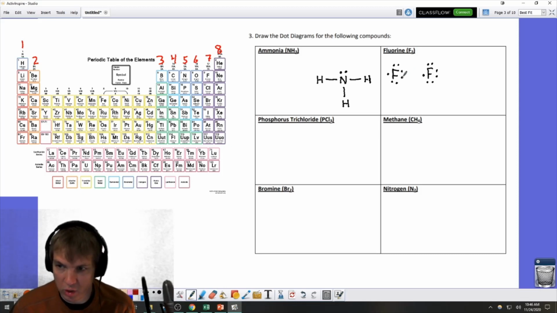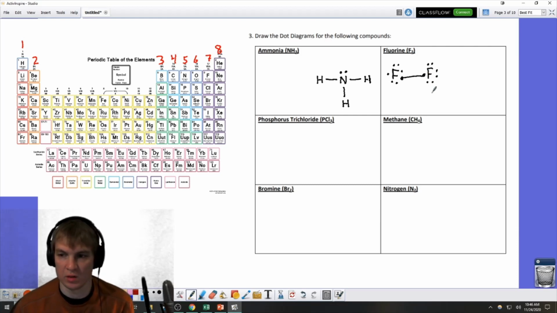So if we just draw one line connecting the electrons, now they're both sharing. This fluorine has 1, 2, 3, 4, 5, 6, 7, 8. So that's good. This fluorine has 1, 2, 3, 4, 5, 6, 7, and 8. So that's good, right? So final step is just to clean it up. So we have F for fluorine connected to another F for fluorine.